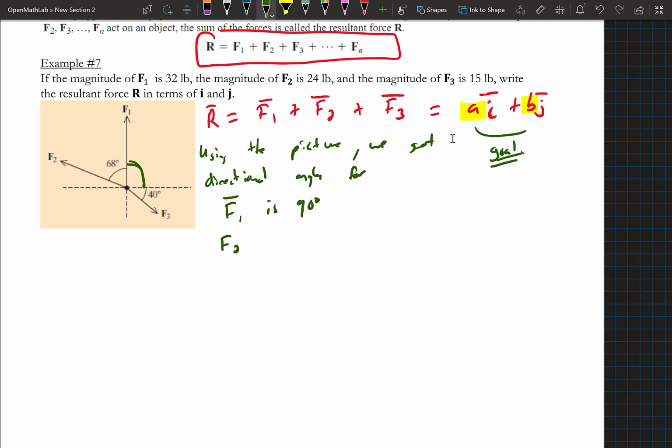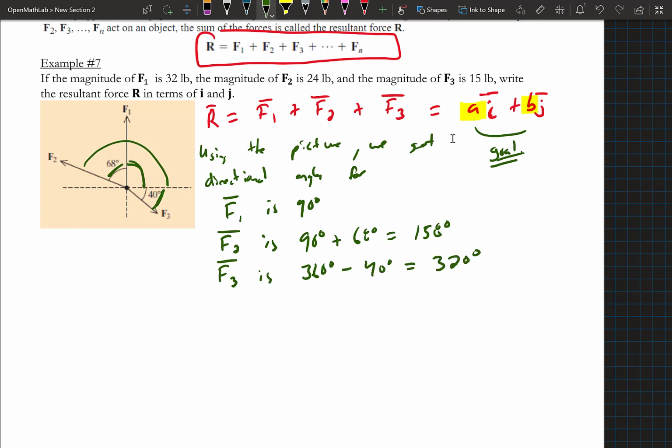For F2, we're looking for this directional angle, so that would be 90 degrees plus 68 degrees, which gives me 158 degrees. And lastly, for F3, we're going this way, so that would be 360 degrees minus 40 degrees, which is 320 degrees. So we need to know all of those.